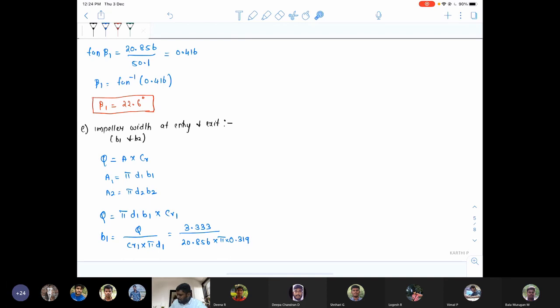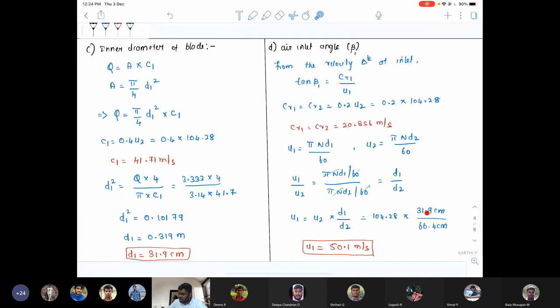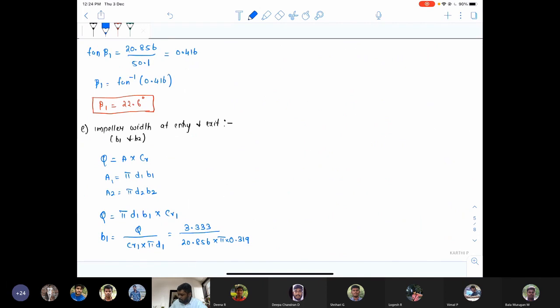Since the whole equation is in meter, I have used 0.319. Anyway, if you calculate separately, the unit will get cancelled. Don't get confused why I have used centimeter here and meter there.